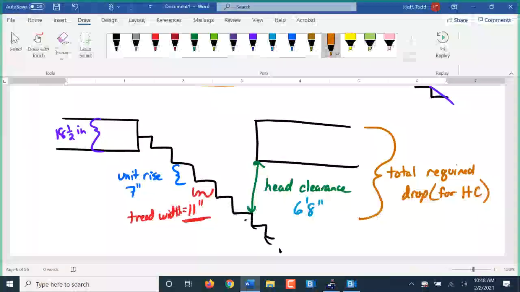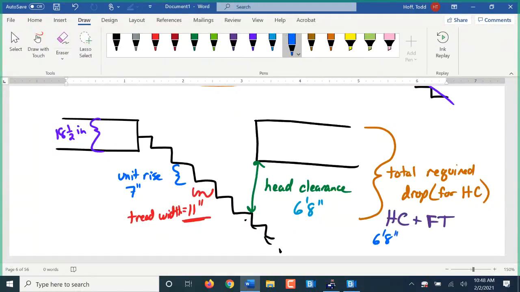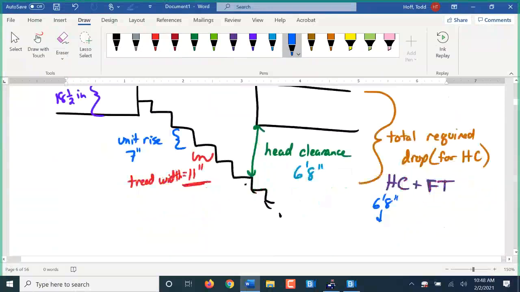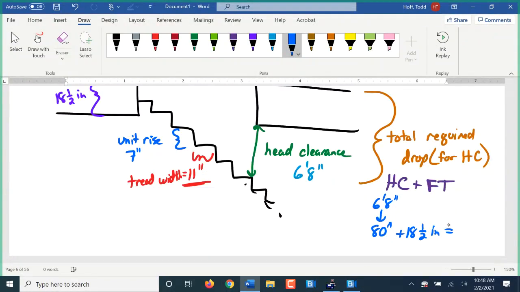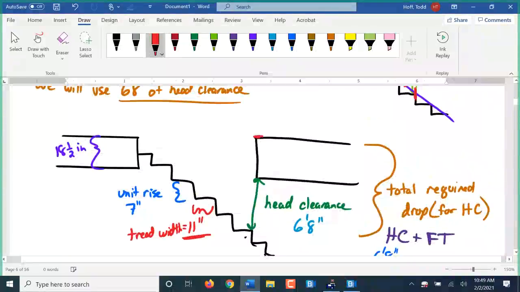So the total required drop for that head clearance is the head clearance, which is the 6 foot 8, plus the floor thickness. 6 foot 8 is 80 inches: 6 times 12 is 72, plus 8 is 80 inches. Plus my 18.5 inches of floor thickness gives me a total required drop of 98.5 inches. So from the top of the floor down to that step has to be 98.5 inches.